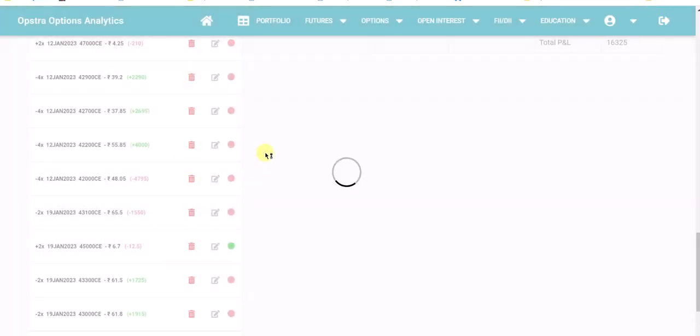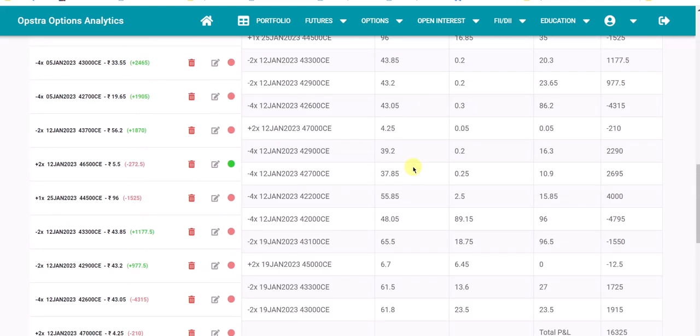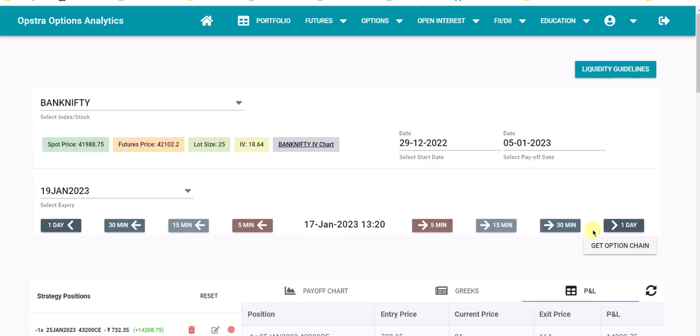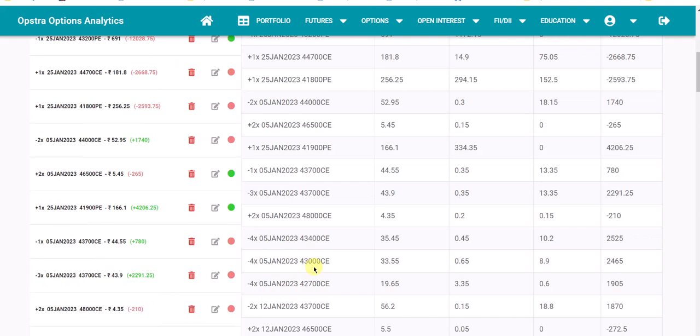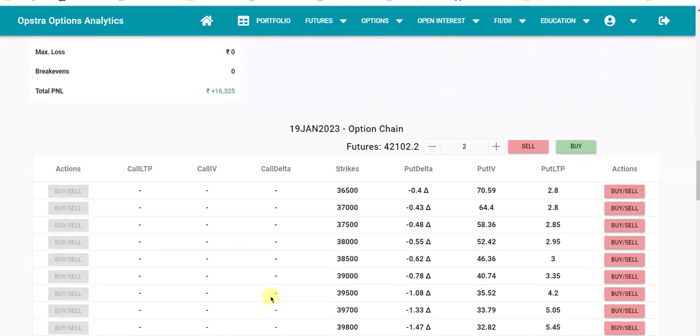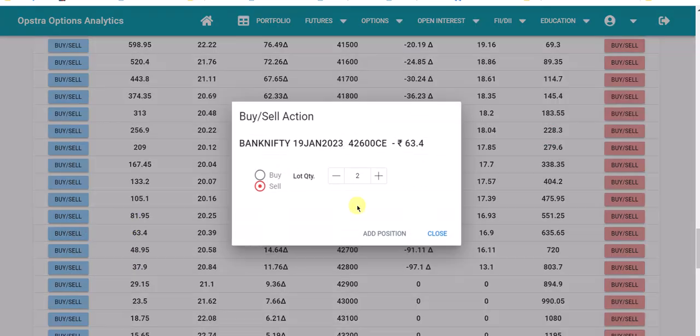As I said, there will be a brokerage for 1 lot, guys, but you're practicing. So with more than 3 lots, 4 lots, 5 lots, it won't impact much because of your capital, and brokerage is not a big deal. So now I'll go and sell. Are we close to expiry? On 18th we'll sell 4, but now we are going to sell 2 lots, so I can sell 60 again.